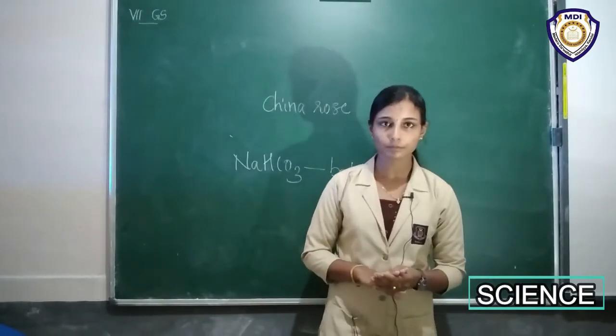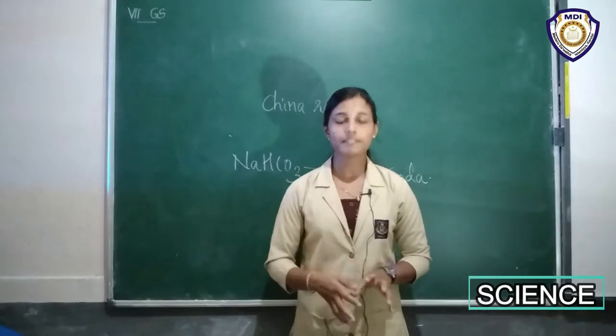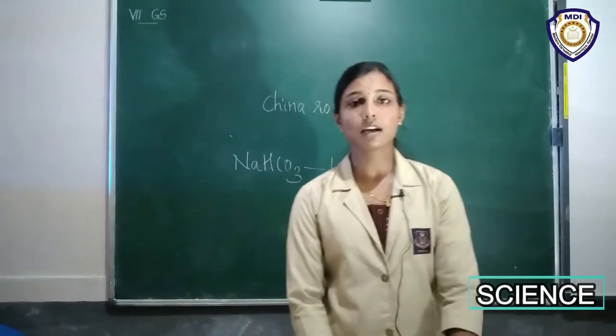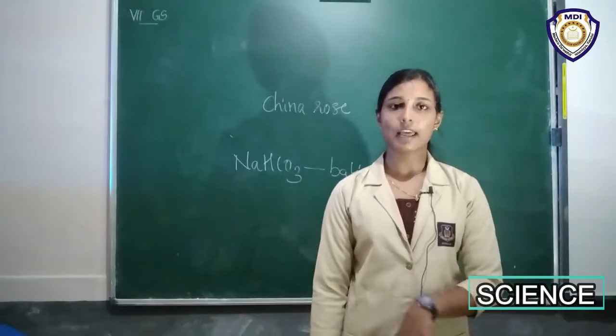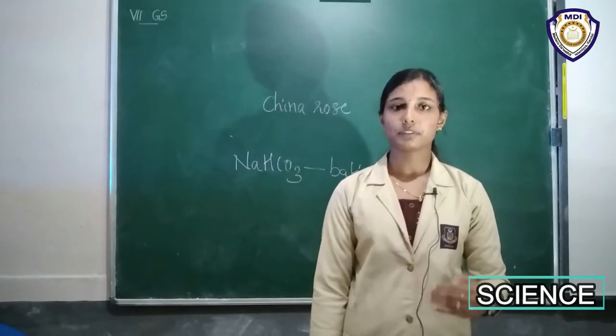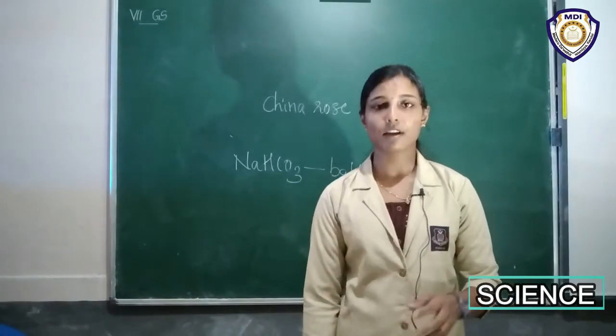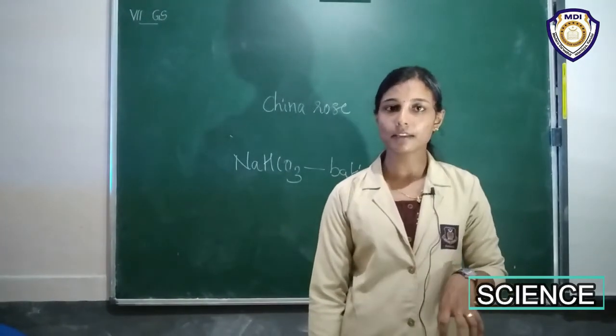I will give you the results of these experiments. If I get all these solutions from our lab, I will bring them to the class and show how the indicators work on these substances, right?